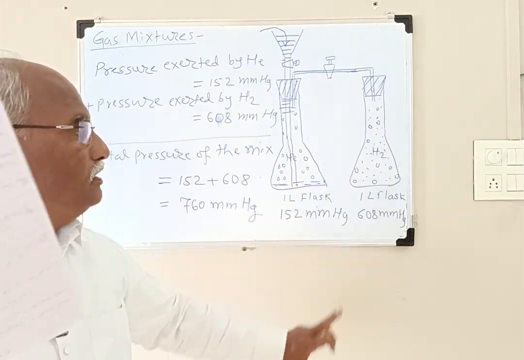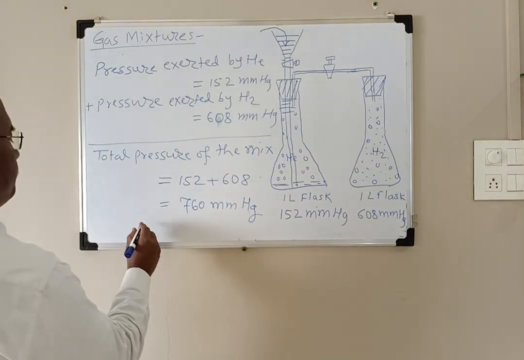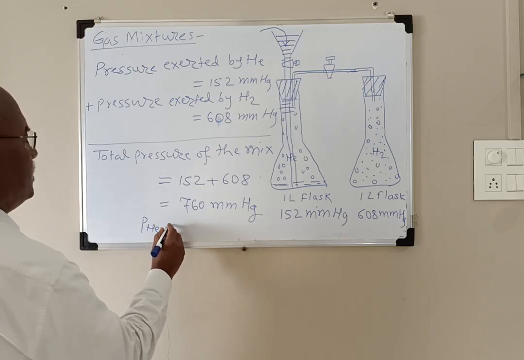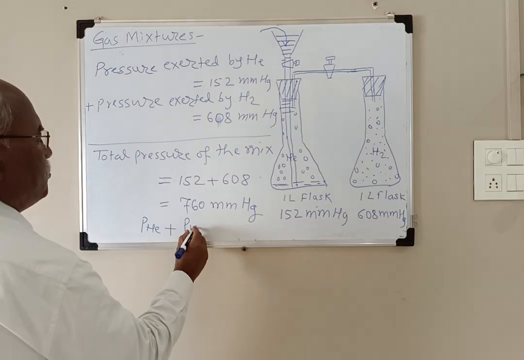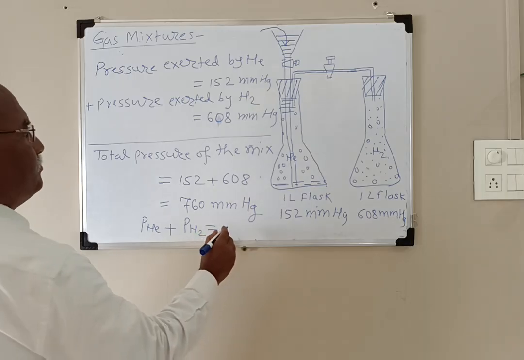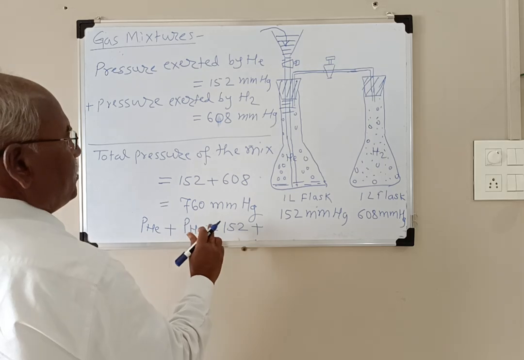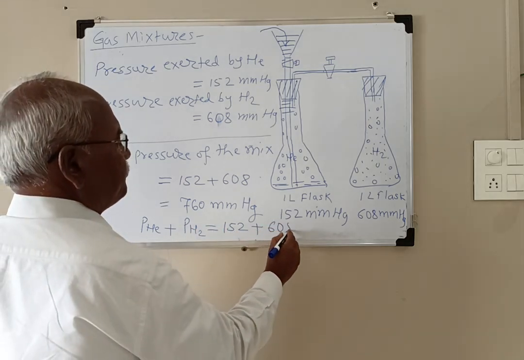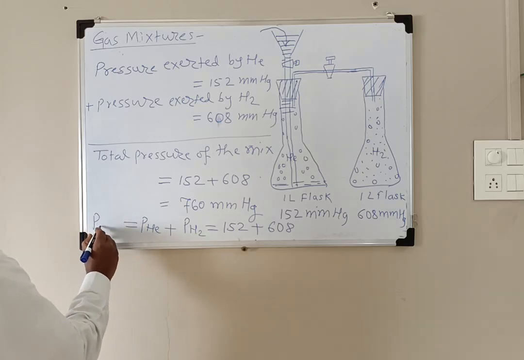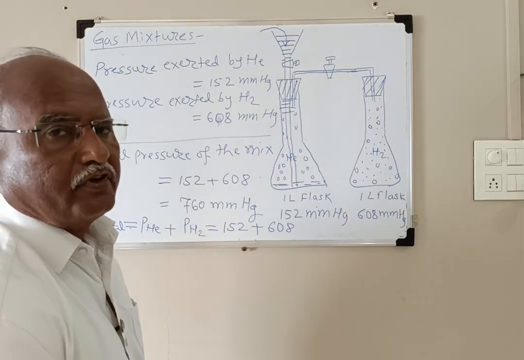In this example, the partial pressure of helium plus the partial pressure of H2, that is 152 mmHg plus 608 mmHg, is equal to the total pressure of the mixture.